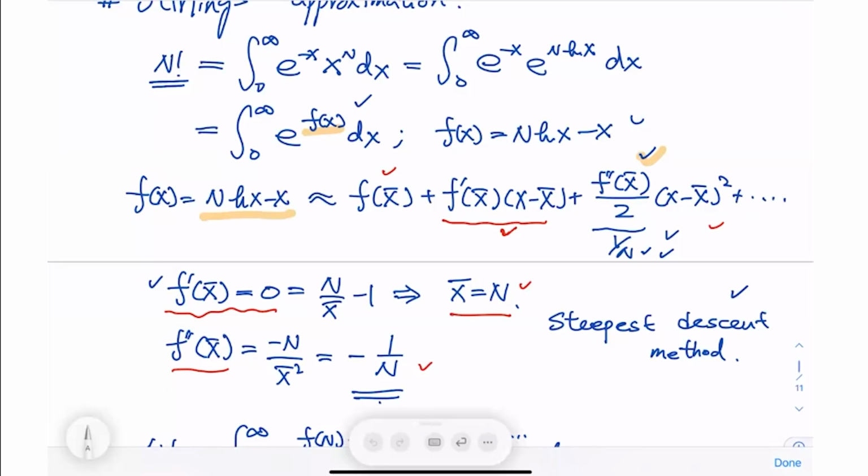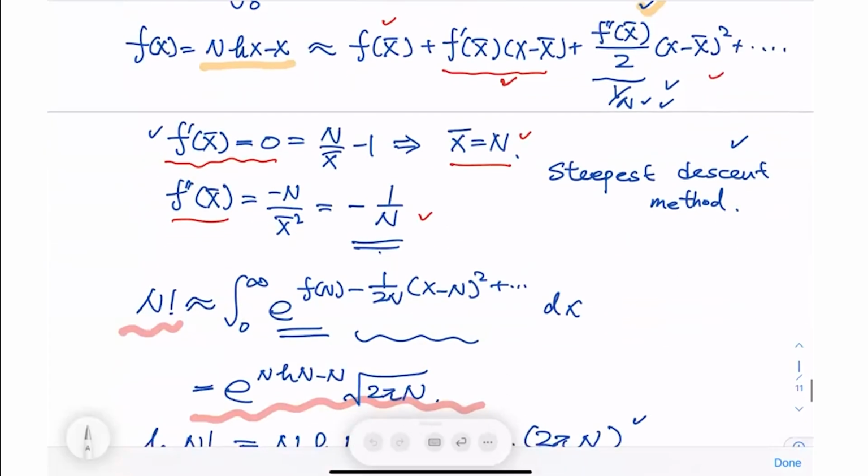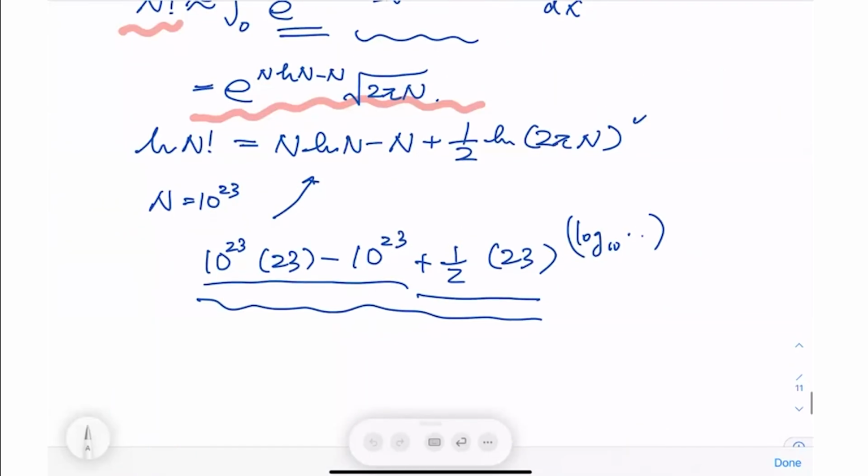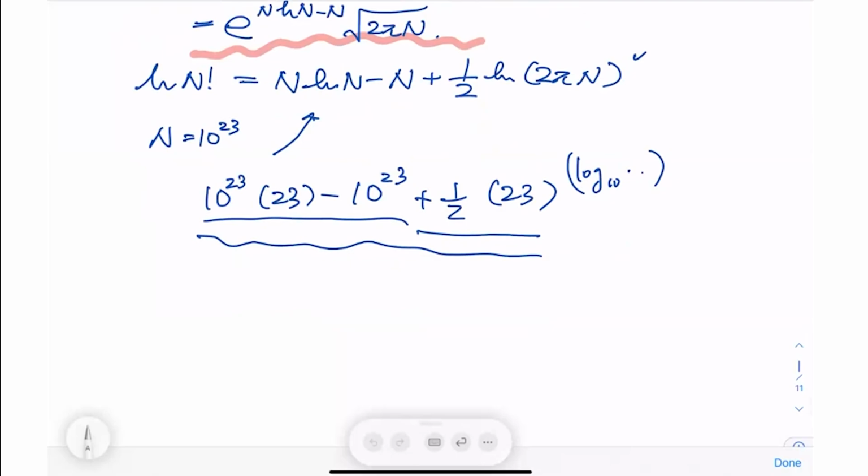So that's something that I need to mention, and I forgot to mention the name of that method. That's basically the steepest descent. Okay, so we just derived Stirling's approximation and used a very simple example to see why this approximation is going to be good, and the correction, like the last term, is basically not really important for our purpose.